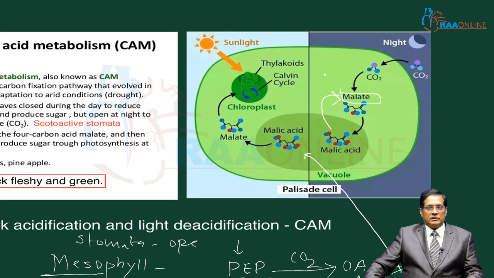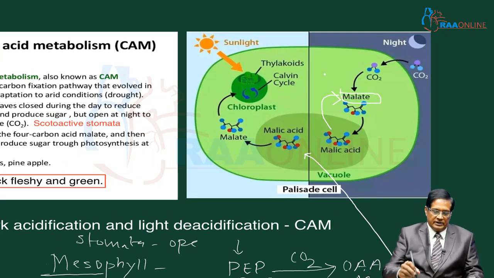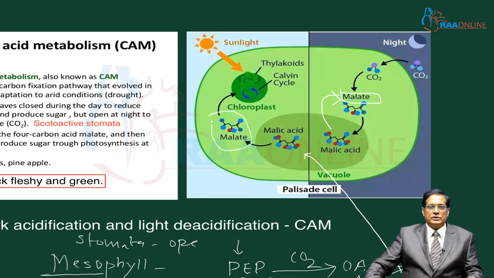And the carbon dioxide which is released is utilized by the chloroplast during daytime for the photosynthesis process, especially in the Calvin cycle.